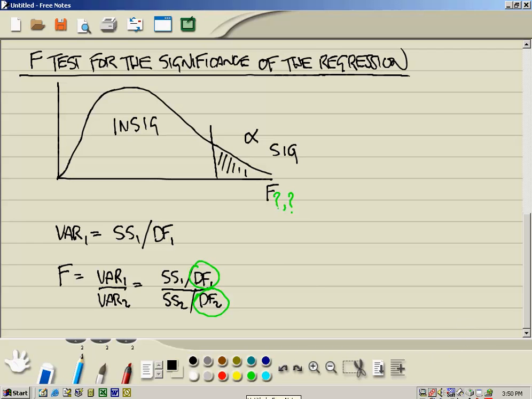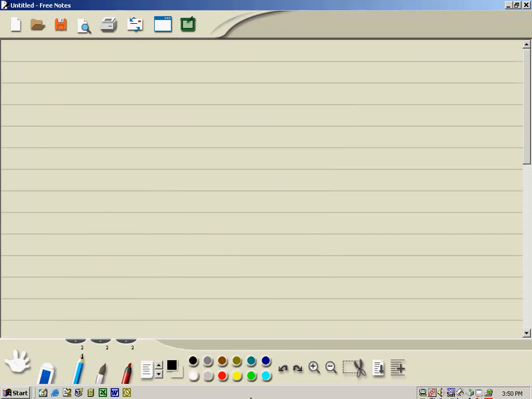Alright, let's look at the typical ANOVA table that appears in regression output these days. ANOVA stands for Analysis of Variance.